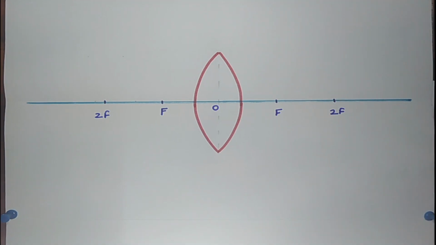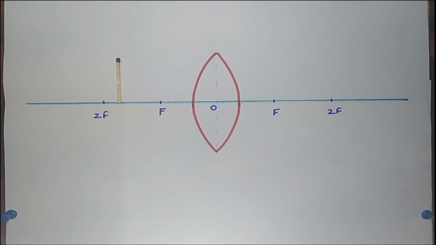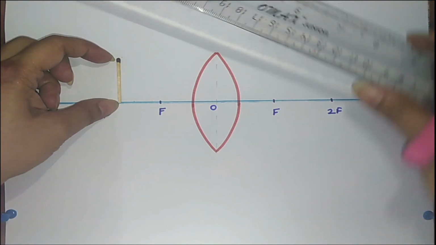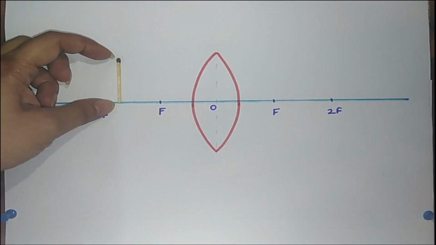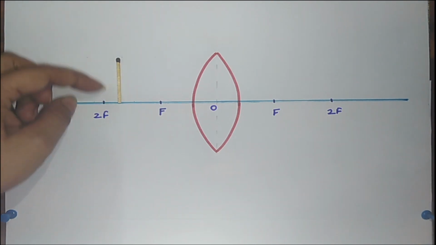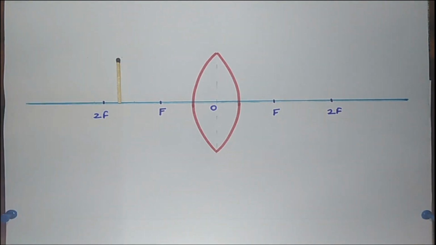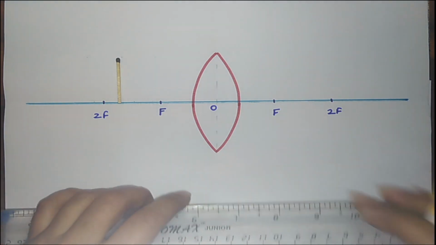The ray diagrams can be drawn by using two of the three special rays. Starting with the first one, I'll draw the first special ray, assuming this as an object. Whatever is the length of the matchstick, at exactly the same distance above the principal axis, I will be drawing a ray of light parallel to the principal axis.